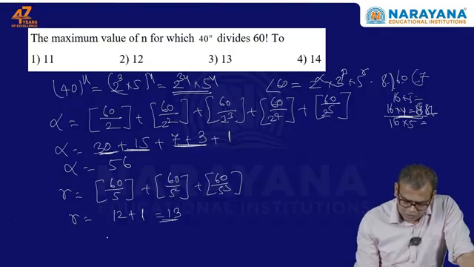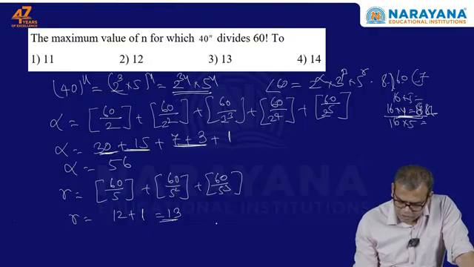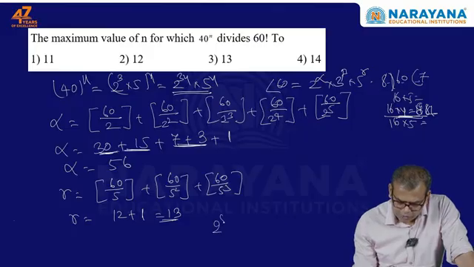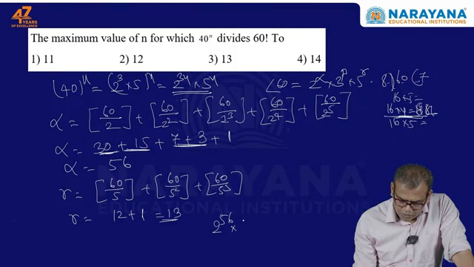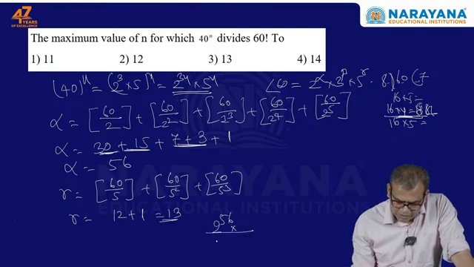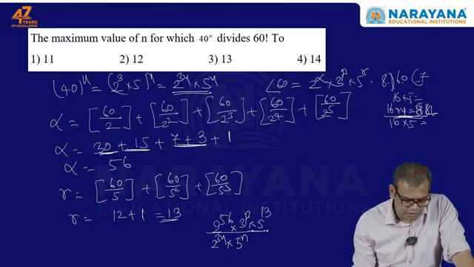So the factorial 60 will contain 2 to the power 56 into 3 to the power beta, and here 5 to the power 13, right? It is divided by 2 to the power 3n into 5 to the power n.